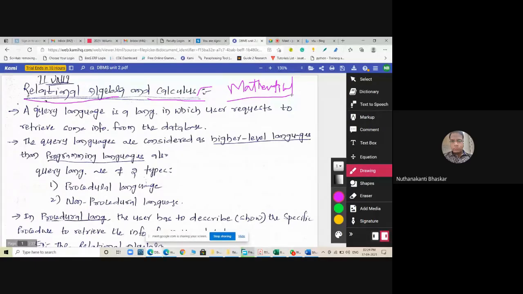If we are aware of basic mathematics, we can understand very easily. Some symbols and operators are there, but it is very easy if you really follow my lecture. It is very important, because if you understand the mathematical representation of queries, meaning extracting and asking for data, you can easily understand and implement SQL queries. Please concentrate. Even in external examinations and GATE, they ask relational algebra and relational calculus.